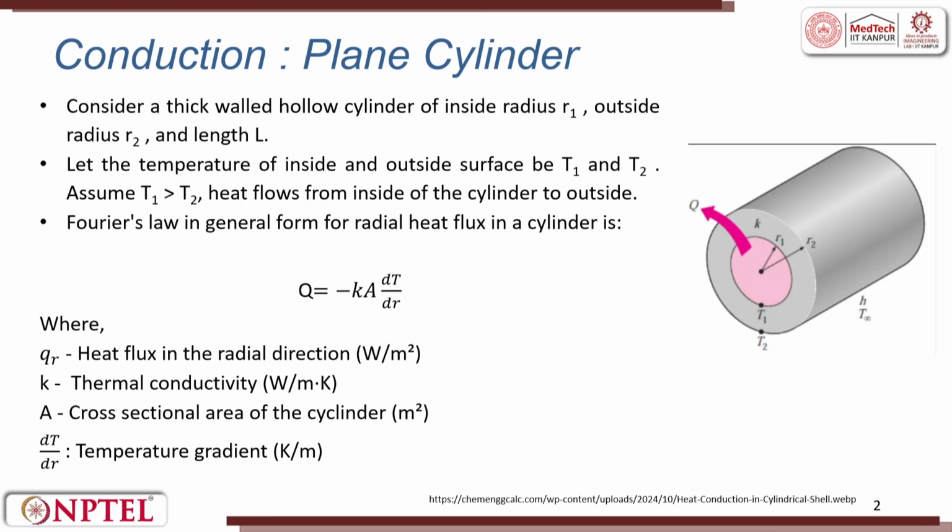Moving on to conduction through a plain cylinder. For example, you can think of a pipe in which you have an inner wall and outer wall thickness. The difference between a cylinder and a pipe is the thickness of the material, which will be thin in a pipe.